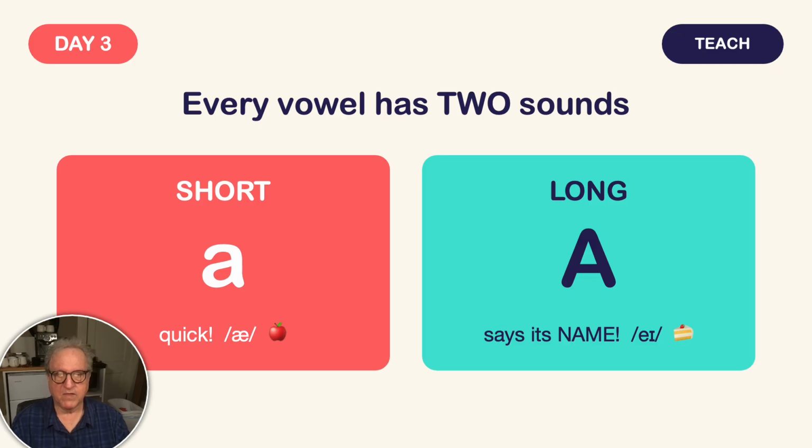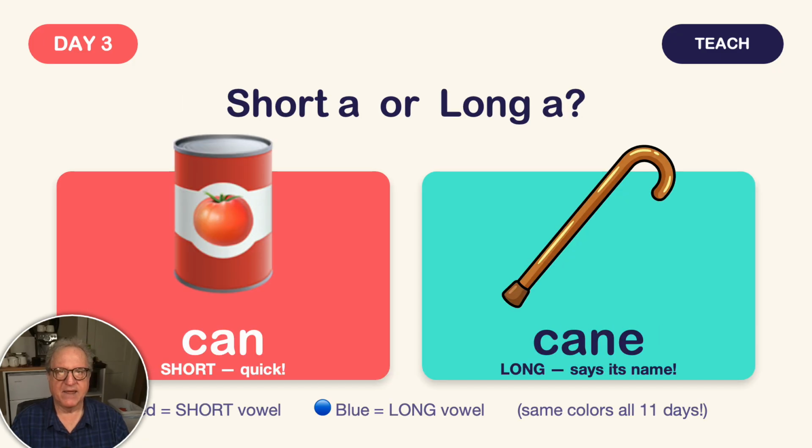So say them with me. This first one, the short is A, like in apple. And the long one is A, like in cake. Look at these two. On the left, a can.